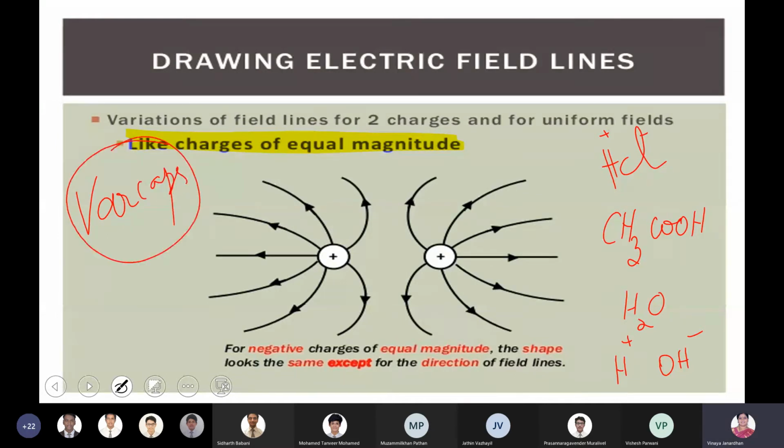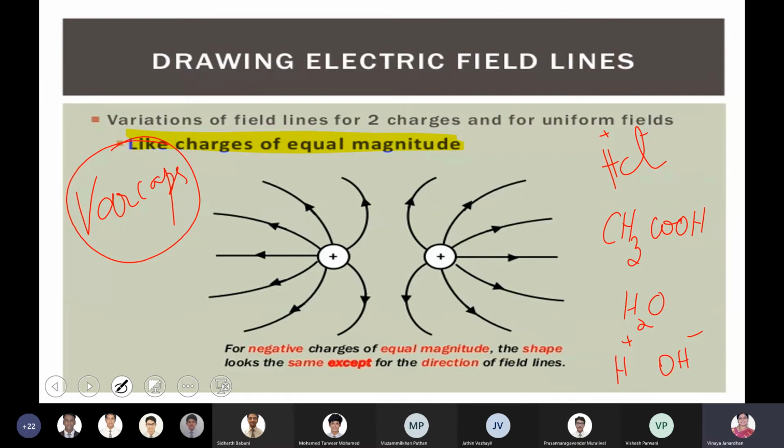Now, suppose you want your mobile to store more charge while charging, then the capacitor should have more storage capacity. The capacity can be increased by putting in a dielectric material. Generally, the dielectric material is a polar material, a polar molecule.